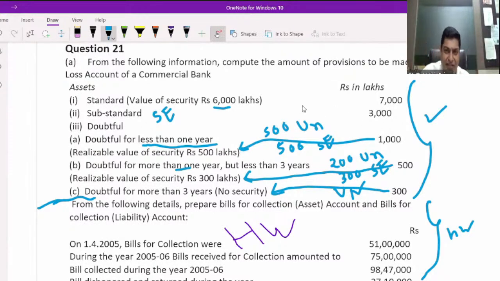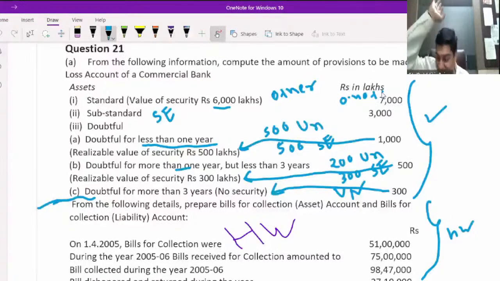And if nothing specified, it should be assumed as other, and it should be 0.40 percent. Secured, unsecured is not considered as far as standard assets are concerned.